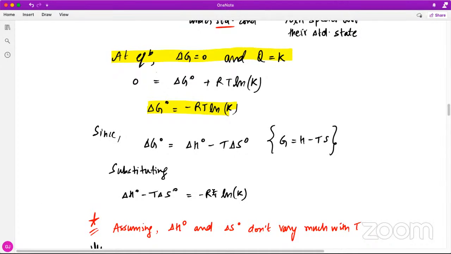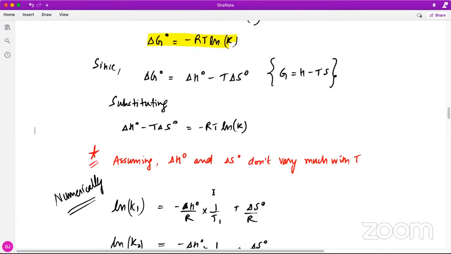Although we have learned about it in thermodynamics, you remember Kirchhoff equation that used to speak about how delta H varies with temperature. So for the sake of simplicity only, and that is something which we see in our textbooks also, be it NCERT or any other standard textbooks like Atkins and all, तो उसमें भी यही simplicity के साथ में आगे बढ़ा जा रहा है. That delta H naught and delta S naught, we are assuming not to vary much with temperature.